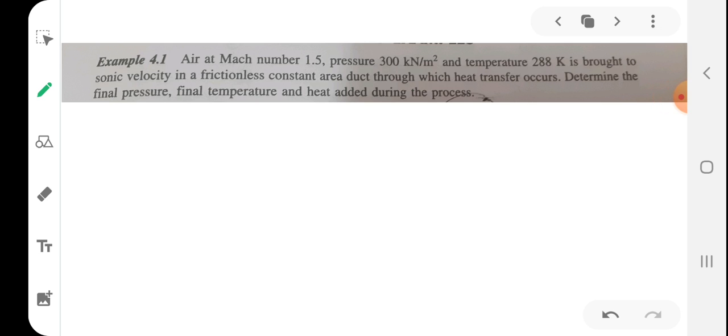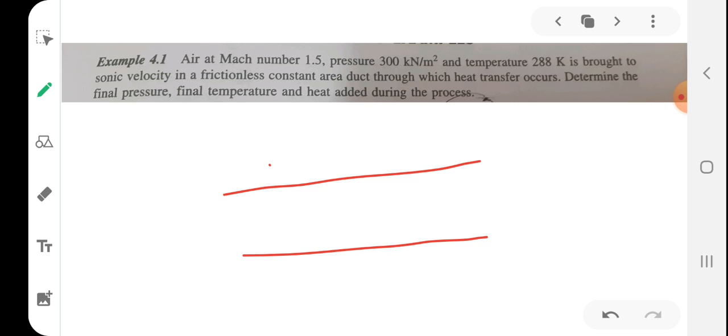So here it is given that air at a Mach number 1.5. So we have a duct here. Air at a Mach number 1.5, pressure 300 kilonewton per meter square, temperature 288 Kelvin, is brought to sonic velocity in a frictionless constant area duct.